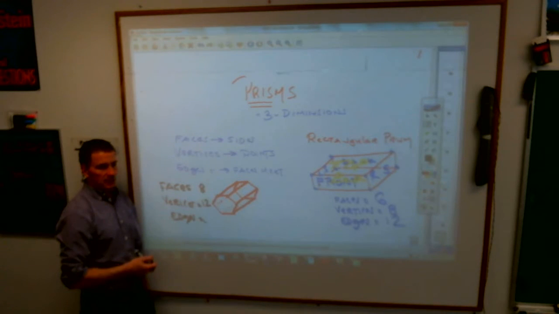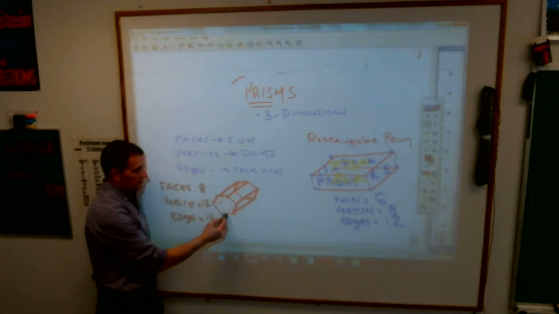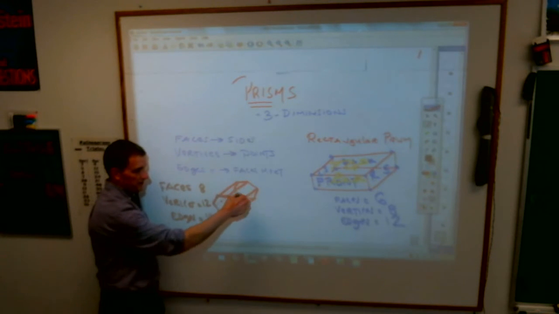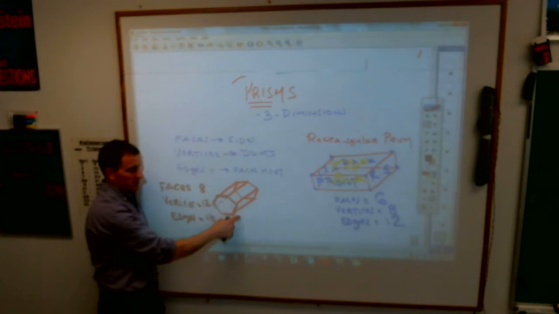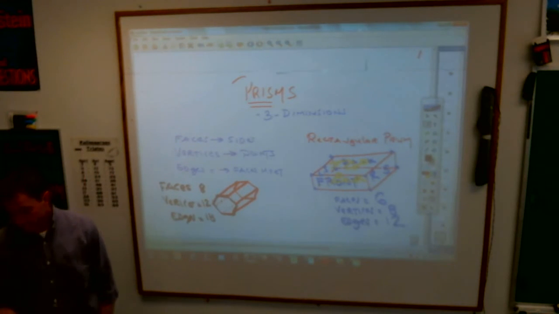Autumn, 12. I think there's a couple more. Caleb, 16. I think there's more than 16. 18. I get 18. Why? Because there's 6 right here that make up this, and there's that same 6 on the back side, and then there's 6 that make up the side. So 6, 6, and 6 is 18.